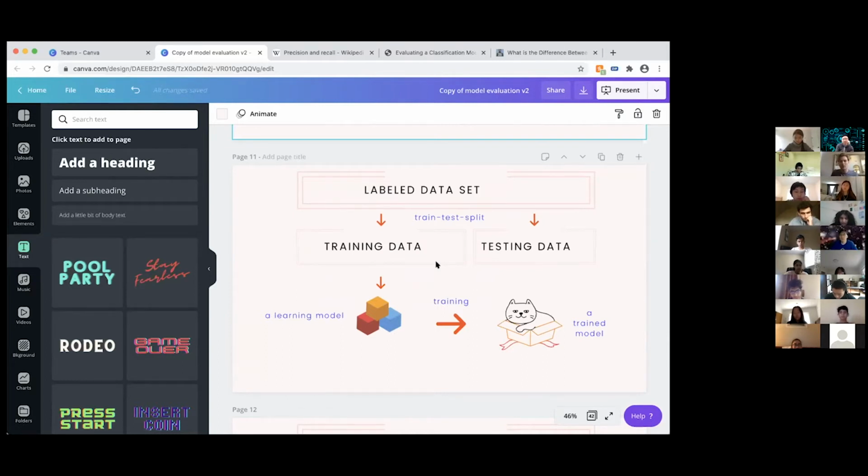Once you have your labeled data set, you're going to want to split it into your training data and your testing data. That way, you'll be able to train your model using the majority of the data. And then once you have a model that's been trained, you can test it using data that the model has never seen before. And this will give you a more accurate picture of whether your model is generalizable to out of sample data.